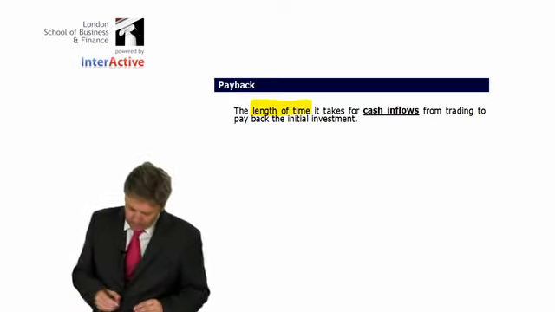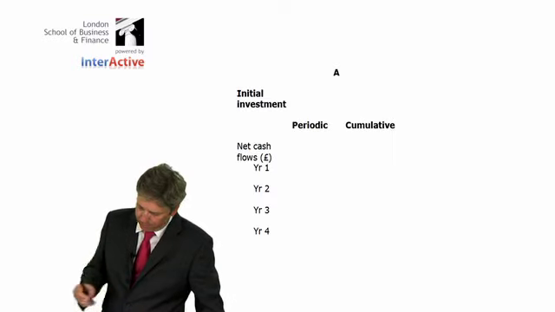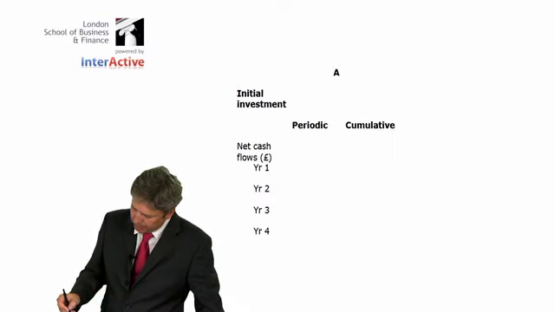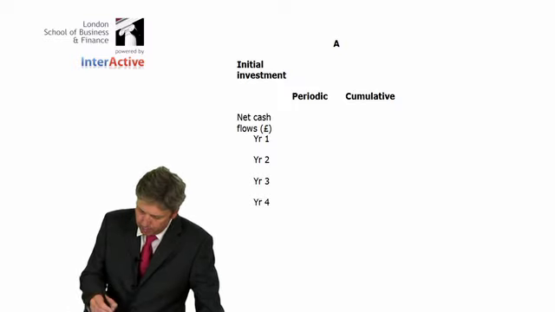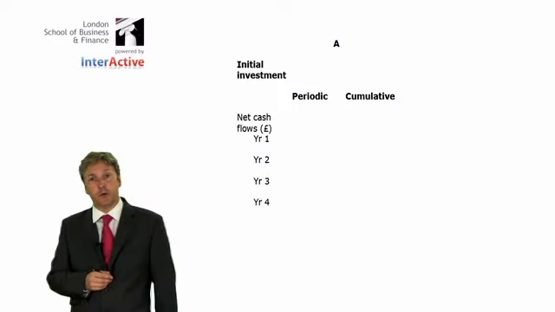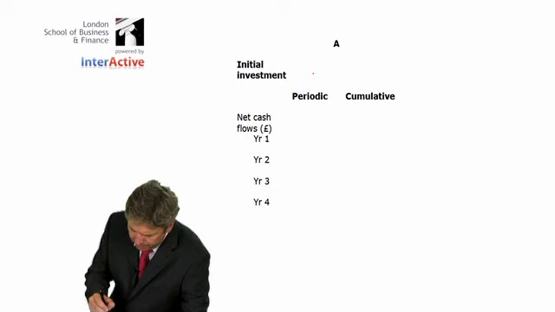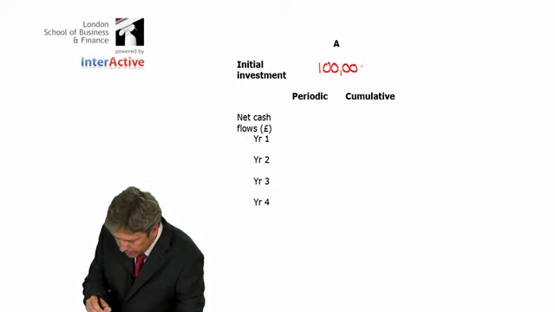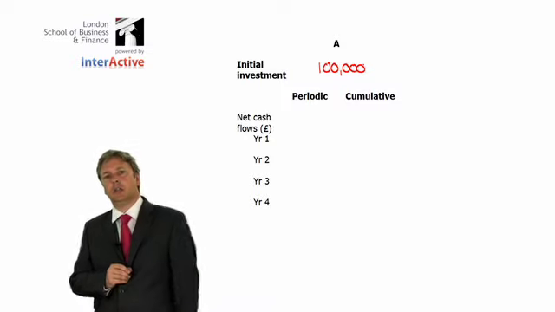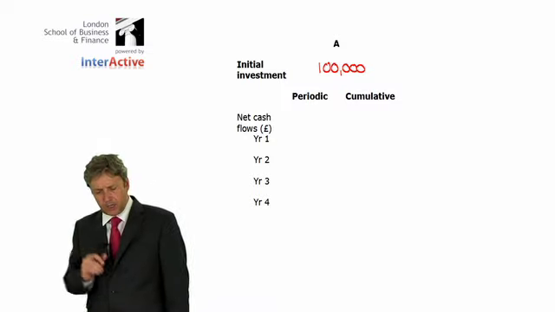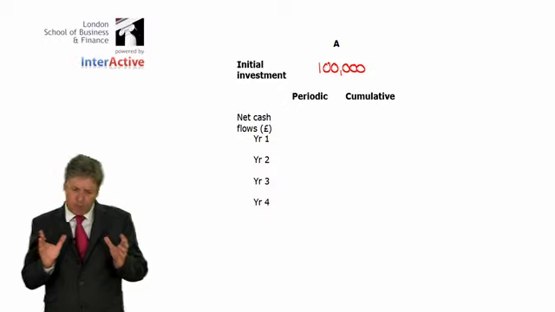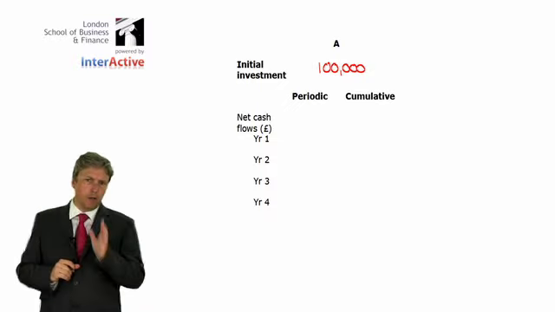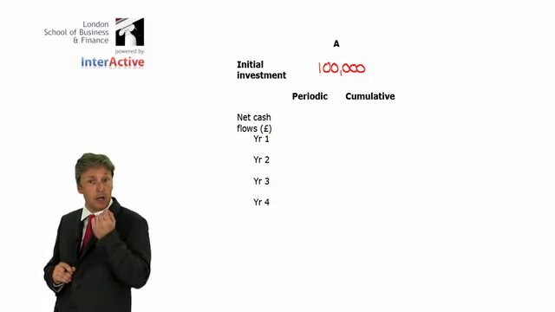So, given that that's what payback is all about, what I've got here is a little pro forma, just to make life easier for ourselves. We have an initial investment of 100,000. And in my pro forma I've just put a periodic cash flow and a cumulative cash flow to make our lives easier.